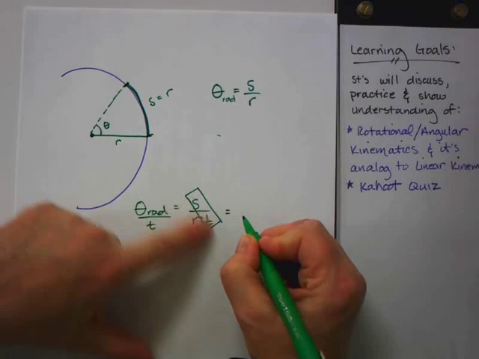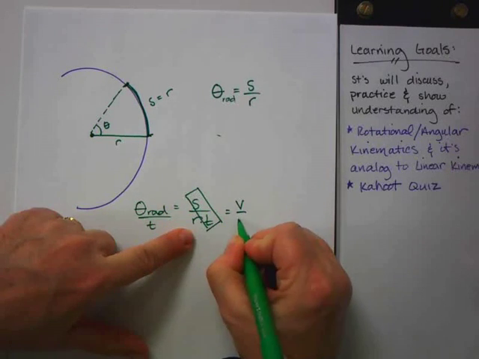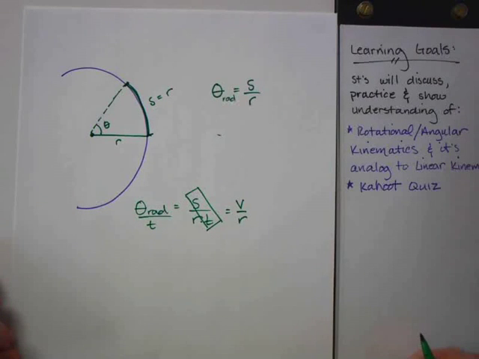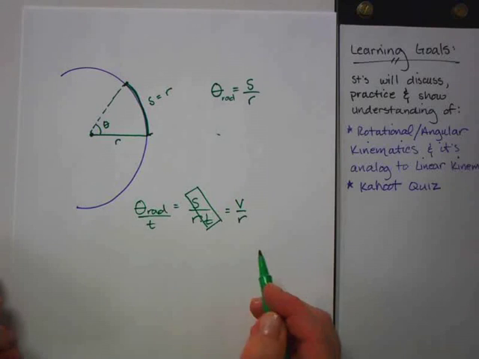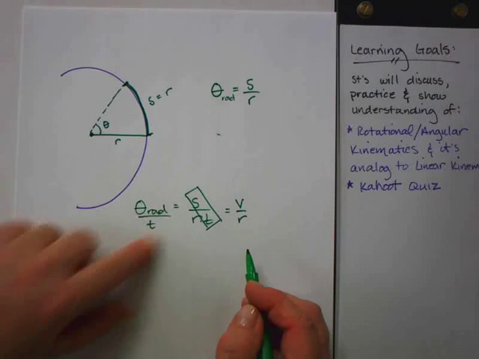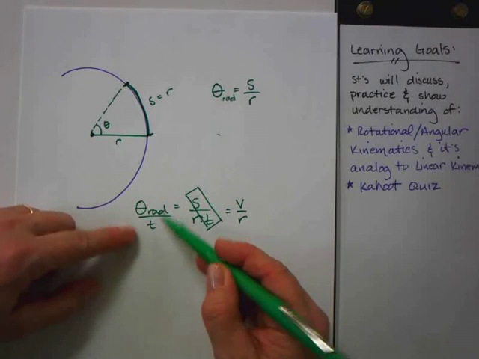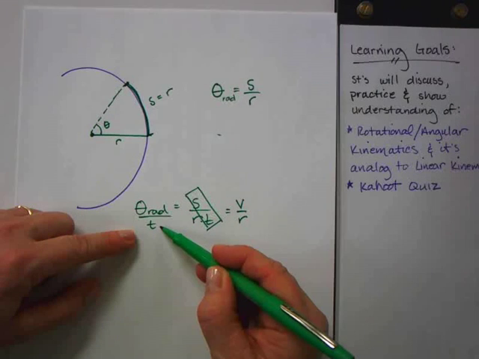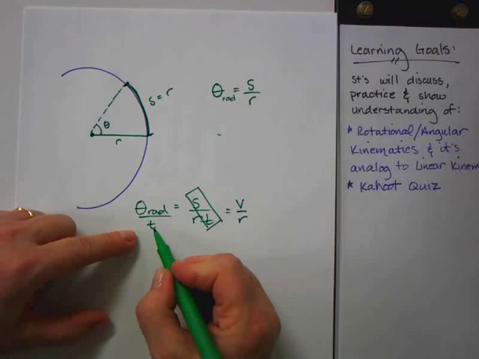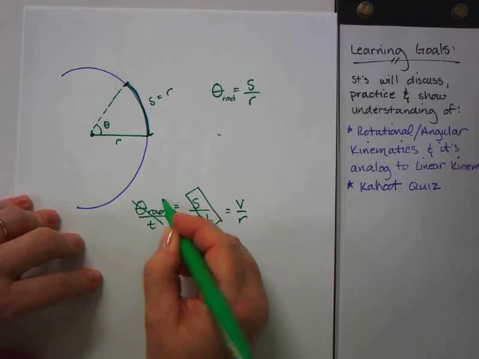So another way to write this is V over R, right? Everybody fine with that? I just substituted velocity in. I divided by time intentionally. And then we're going to rewrite this. What are the units going to be here? Radians per time in seconds, right?